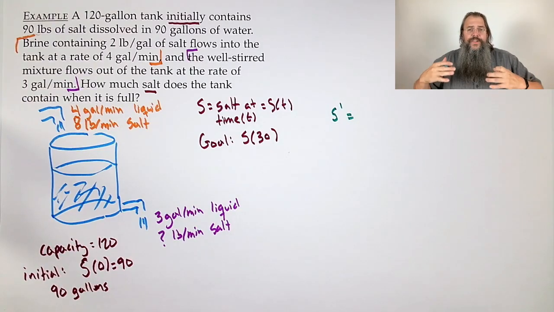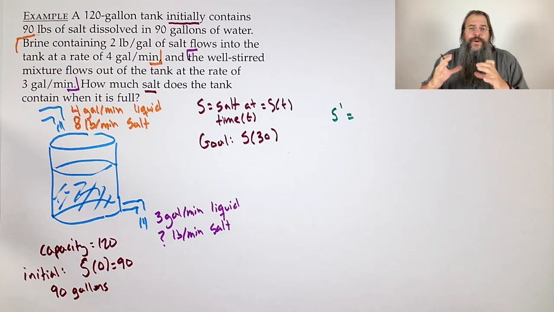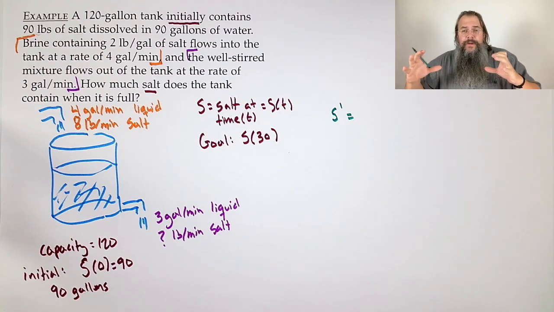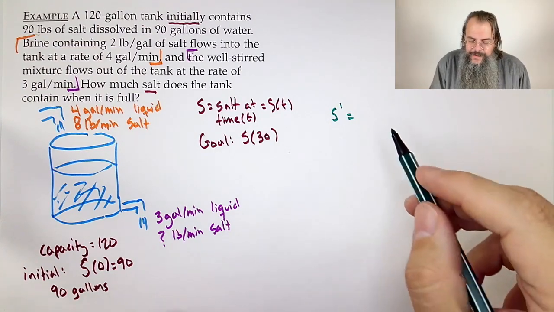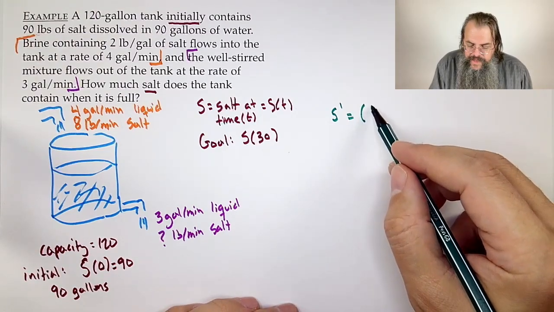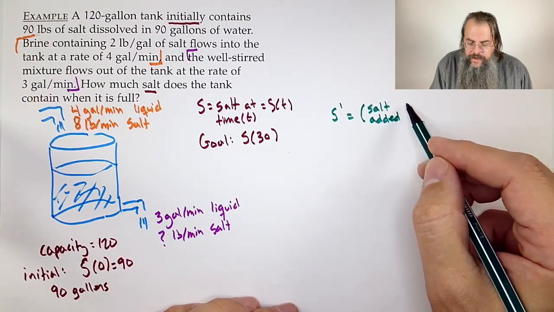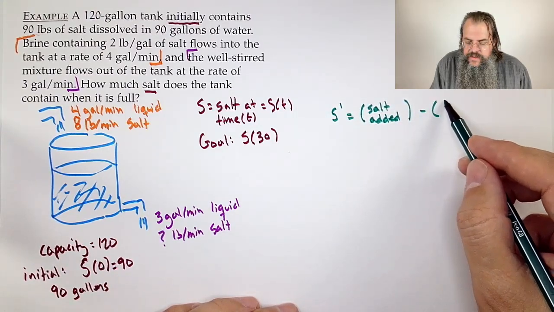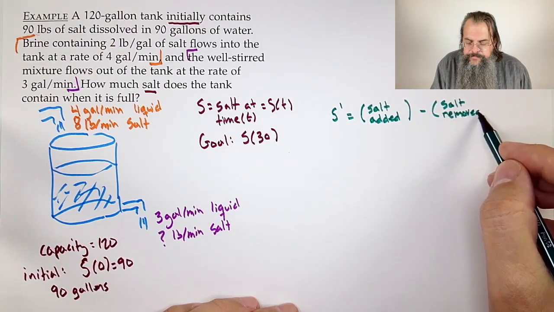When we think about how things are changing, what effects are there? They usually fall into 2 categories. What's causing the amount of salt to go up? What's causing it to go down? There's salt that's being added, and salt that's being removed. And how is each changing?